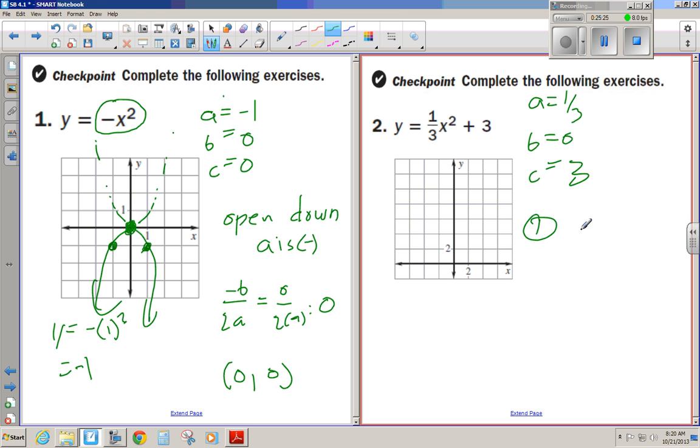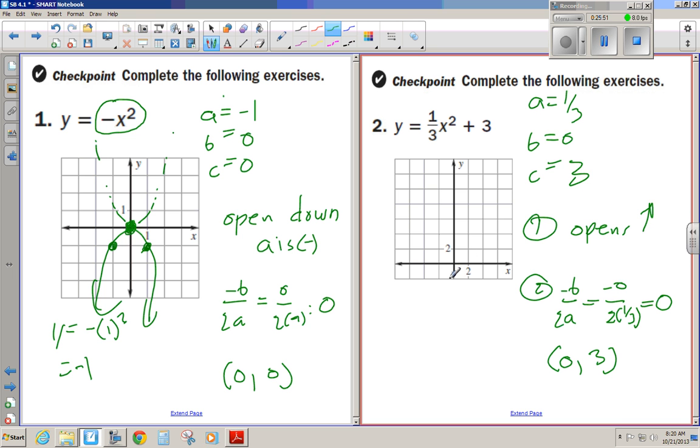So step 1, it opens up. Step 2, negative b over 2a. So negative 0 over 2 times 1/3 just ends up being 0. So when I plug that in, 1/3 times 0 squared plus 3, I get 0, 3.